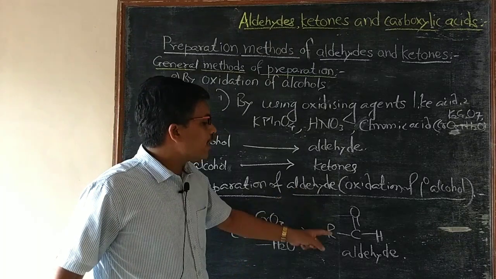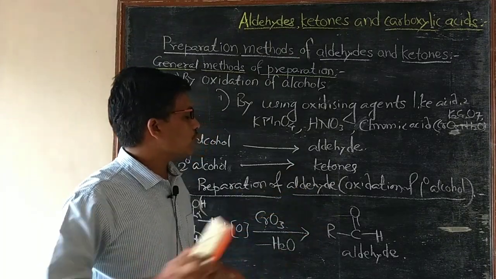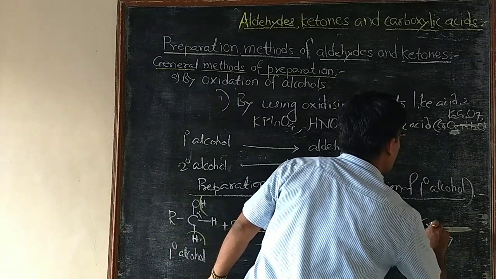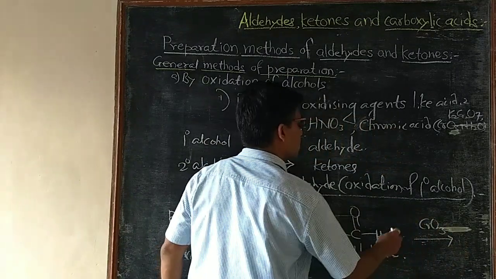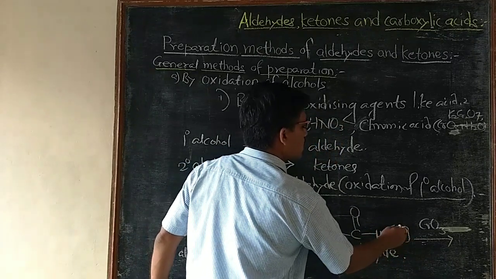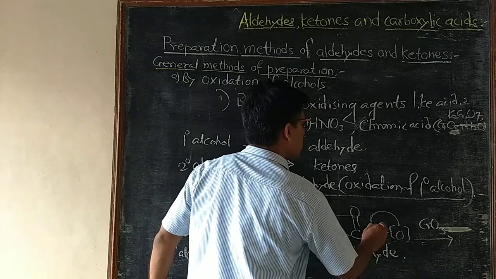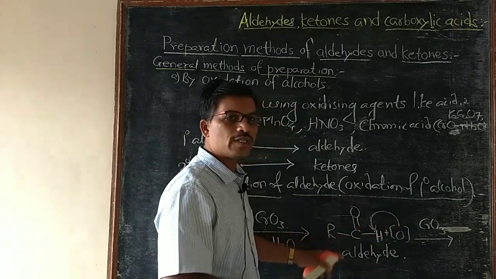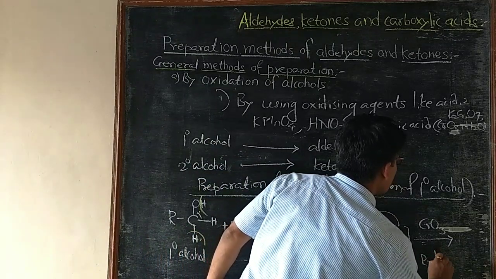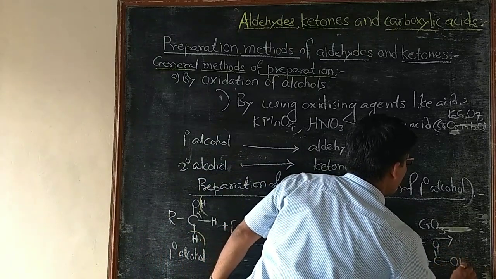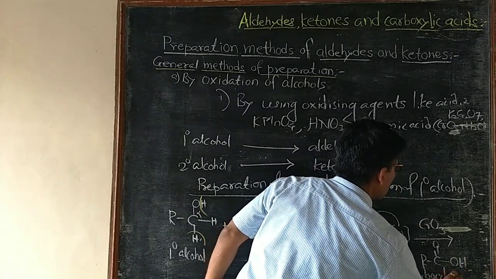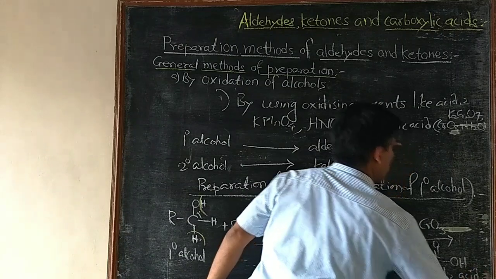This aldehyde further undergoes oxidation. In this case oxidation is addition of oxygen. Under chromic acid condition, it gives nascent oxygen. Oxidation is addition of this oxygen between this bond to form its corresponding carboxylic acid, that is RC double bond O, OH, the corresponding carboxylic acid.